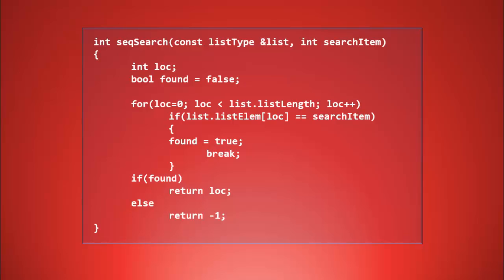If you look up in the signature of this example, we have sequential search, I believe, is this function. I'm going to pass in the list, the structure that contains the array of integers plus the count of those integers, and then the item that I'm searching for.